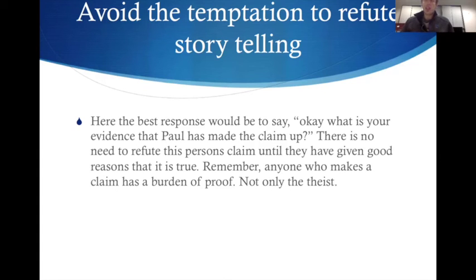You don't need to argue against what this person claims right at the outset. Because think about this, they can come up with as many stories as they like. And if you keep trying to refute them, they can still keep coming up with stories. However, notice they've made a claim and you can ask them, okay, give me some evidence for that.